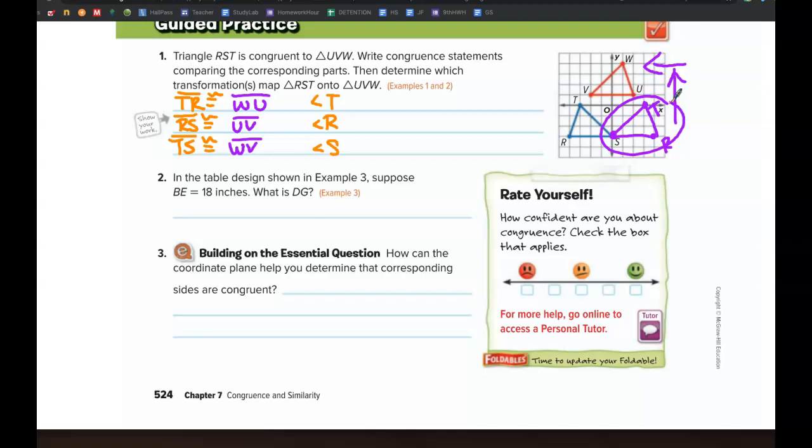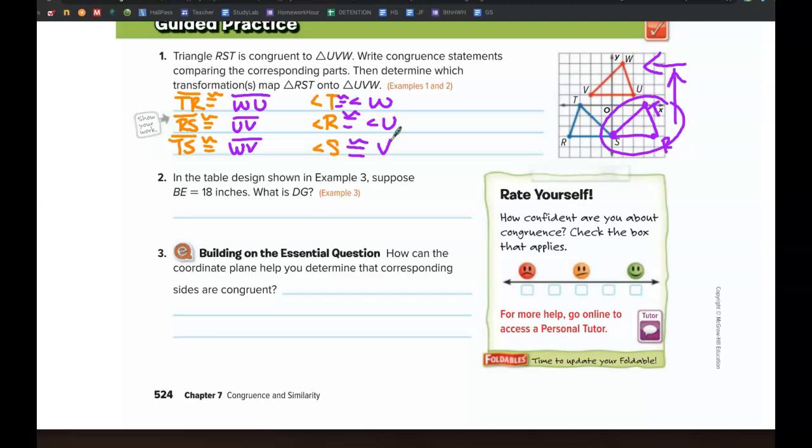Angle T matches up with W. Angle R matches up with U. And angle S matches up with B. Questions on that? You rotated 90.